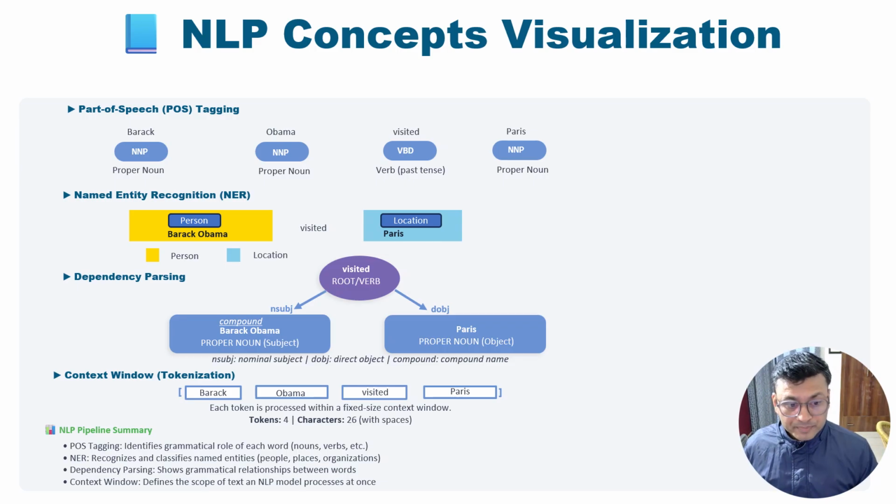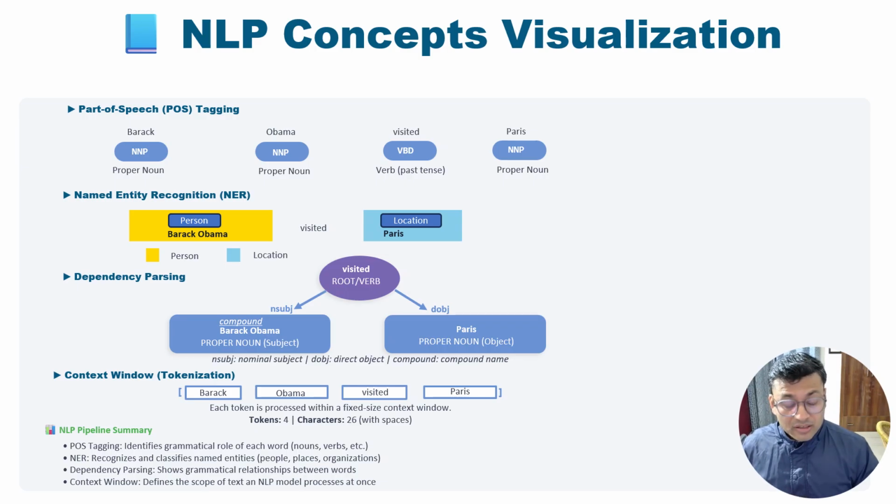Dependency parsing shows the grammatical relationship between the words. Barack Obama is a compound word. You know about it, so we don't want to talk more, but it shows the dependency relationship between the words, how they are interconnected and how they are formed.